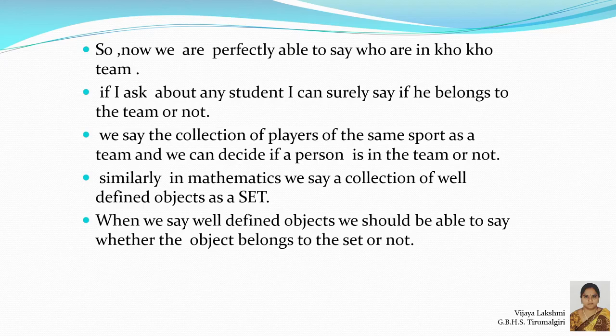We say the collection of players of the same sport as a team and we can decide if a person is in the team or not. Similarly, in mathematics, we say a collection of well-defined objects as a set. When we say well-defined objects, we should be able to say whether the object belongs to the set or not.